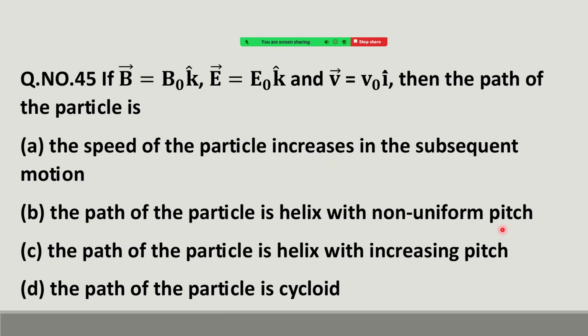So we have discussed that it is an increasing pitch, which means it is non-uniform pitch. Right? It is a cycloid. It is not correct. So options A, B and C, these three are correct. Okay. Let us see the next one.